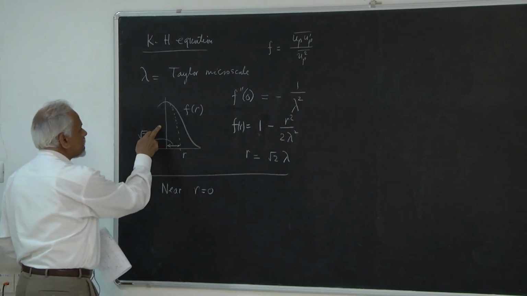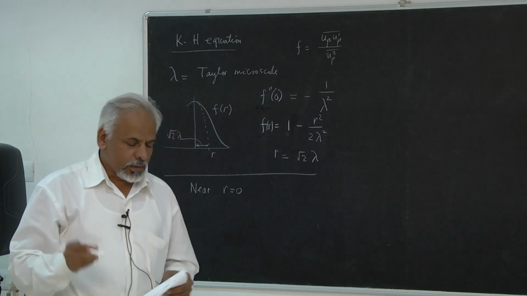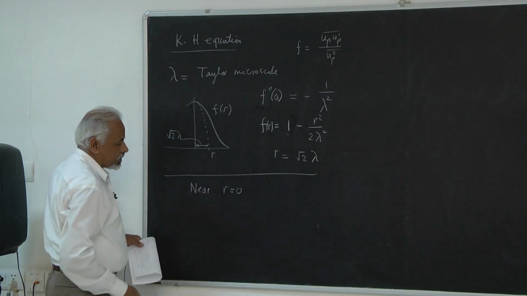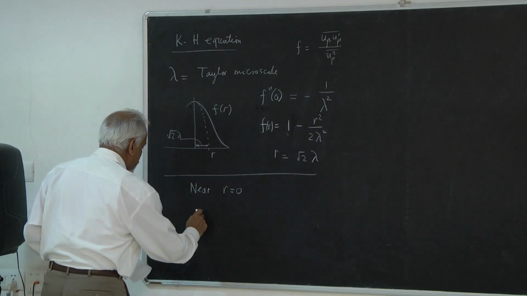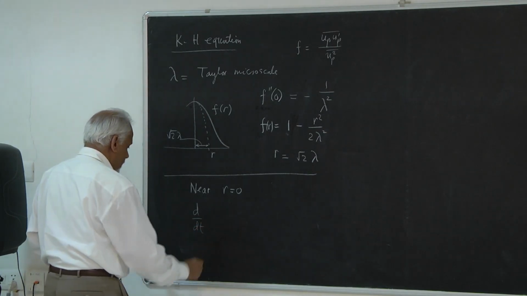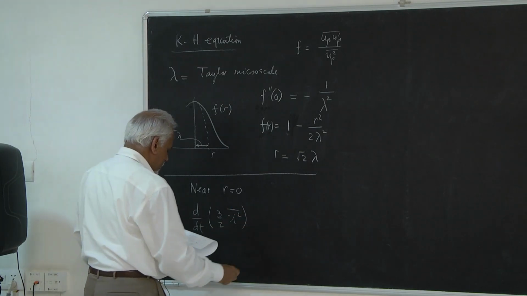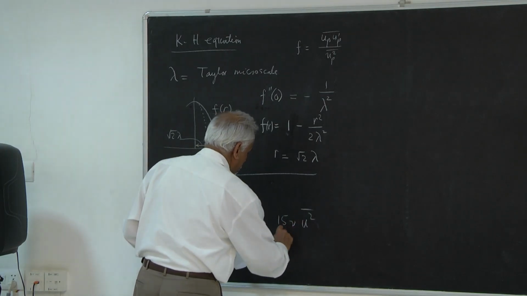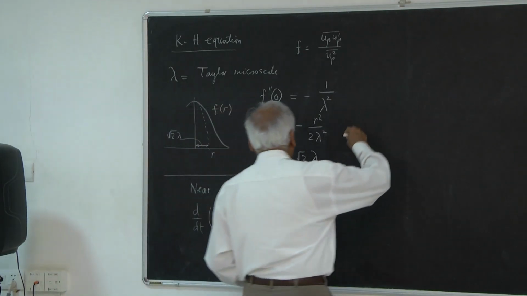We expanded this and said the function k is 0 because you are collecting only terms to the lowest order in r. So I showed you this also: d by dt of 3/2 u squared is 15 u squared over lambda squared. That I wrote down yesterday.